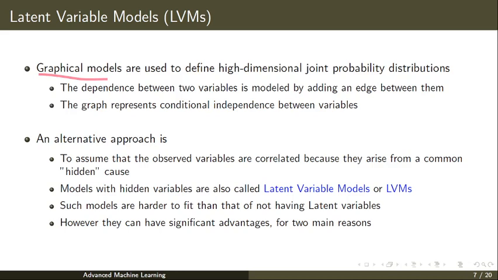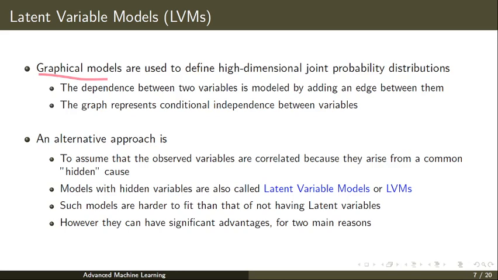So here we assume that some of the variables are correlated because they are coming from a particular common cause, or a common hidden variable. It can be viewed as a common hidden node.